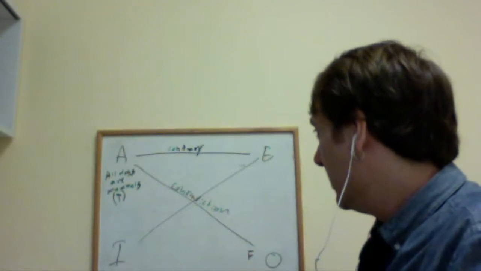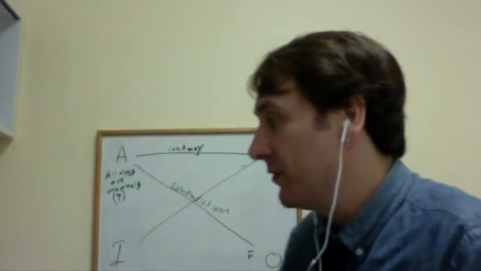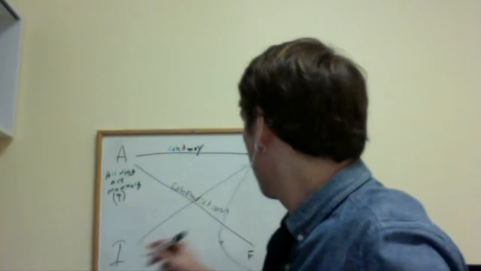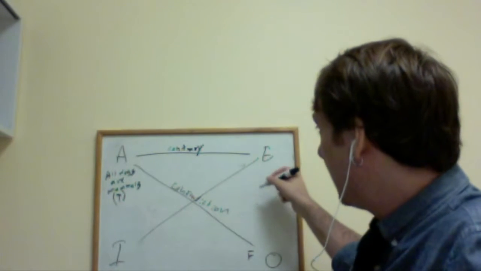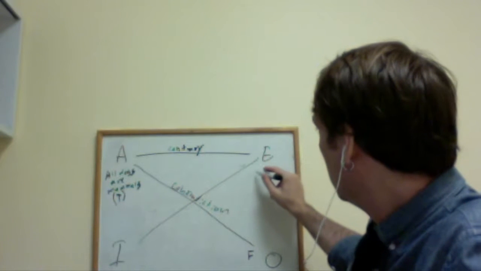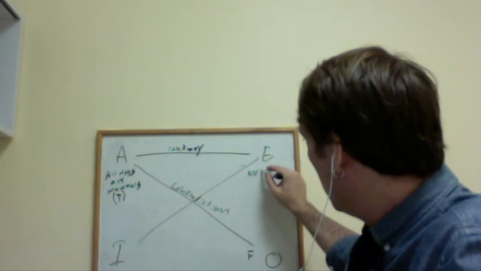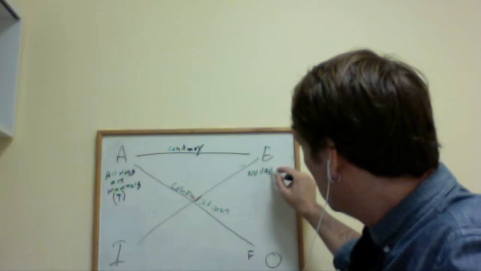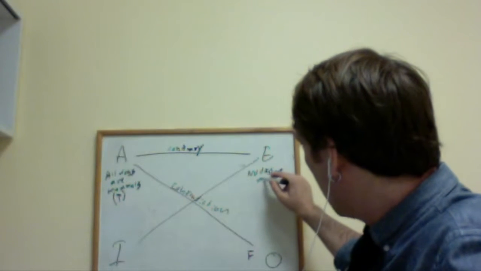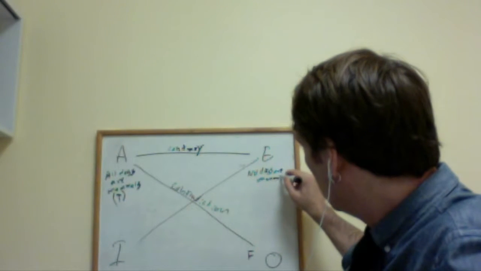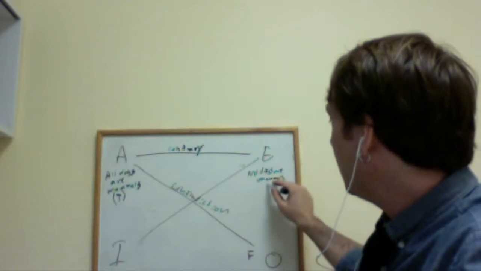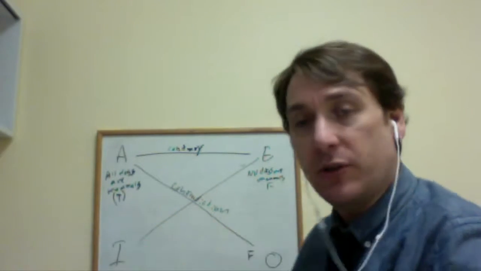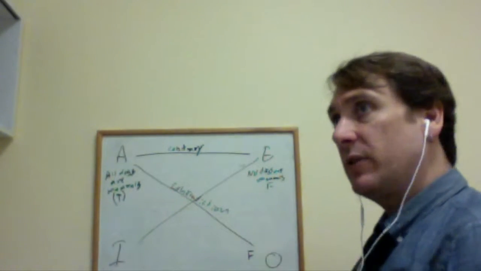We know that given what we've just said. But now what about the corresponding E sentence, which is that no dogs are mammals? Well, that sentence is false, so that's okay.